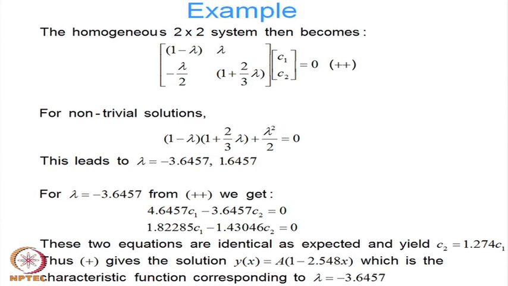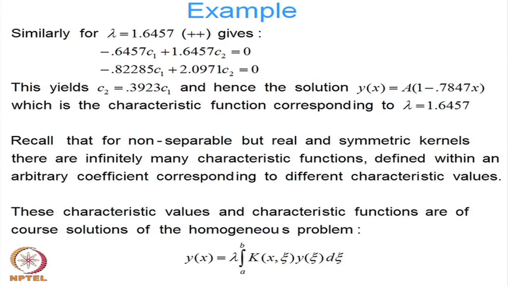So, n minus r is equal to 1, and I know that it is known up to n minus r arbitrary constants. In this case, it is known up to 1 arbitrary constant. And so, this is the characteristic function corresponding to lambda equal to minus 3.6457.